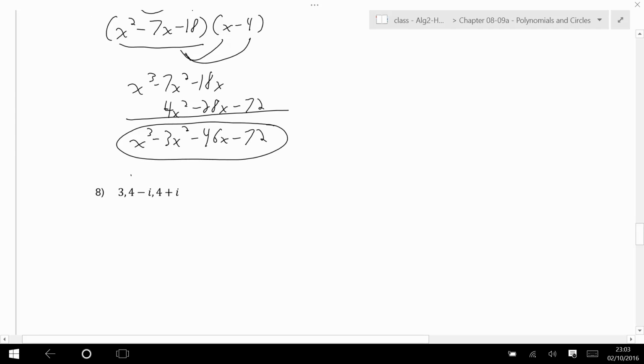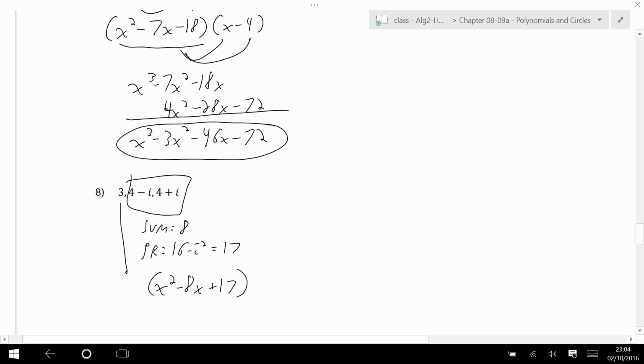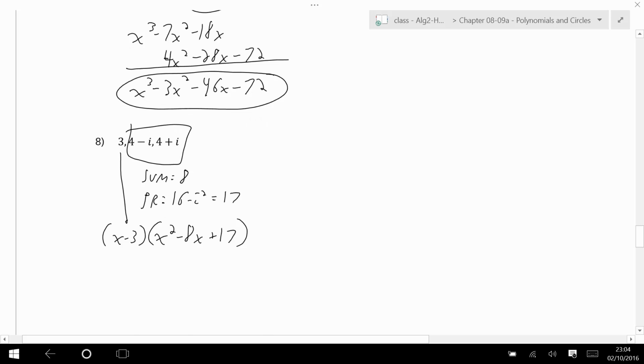Now here for number 8, I'm really going to want to do some product on those so I can get rid of the i's. So I'm just going to write this out. Sum is 8 and product is 16 minus i squared, which is 17. So that polynomial is x squared minus 8x plus 17. And I'm going to multiply it by an x minus 3.